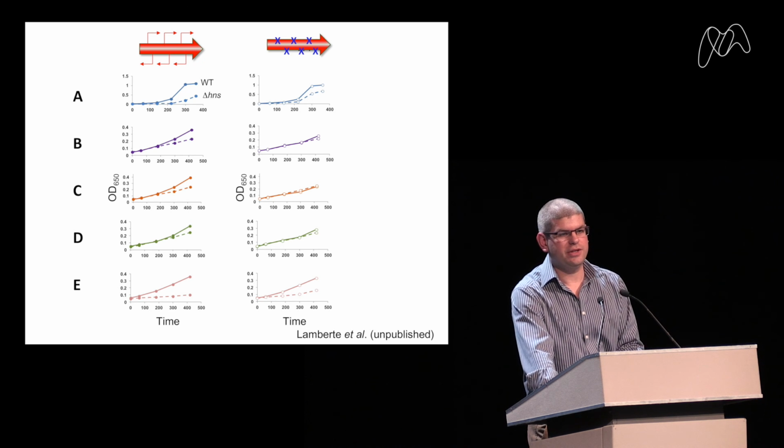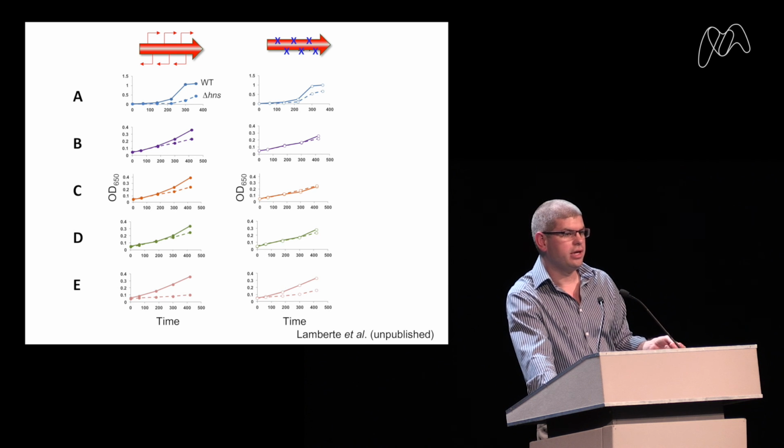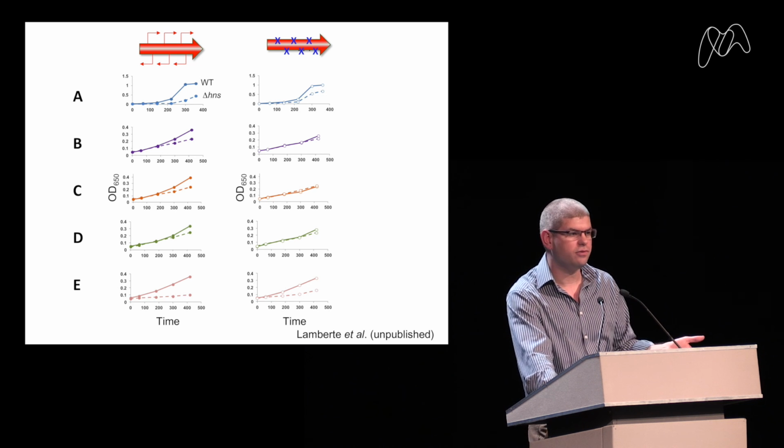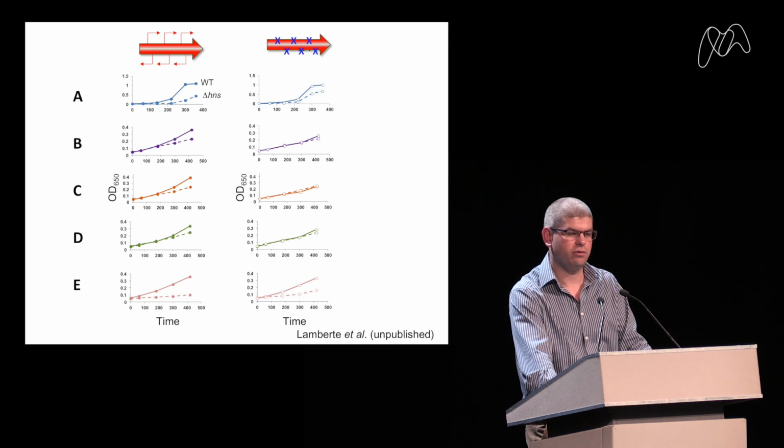But of course, the question then is, well, why are these spurious transcriptional events toxic? And of course, it's unlikely to be the RNAs that are being produced that are poisoning the cell. The cell's full of RNA, it's perfectly happy to have all these RNA molecules floating around.